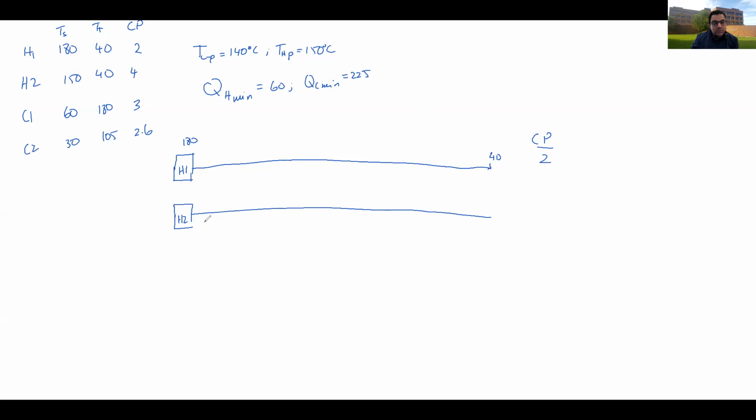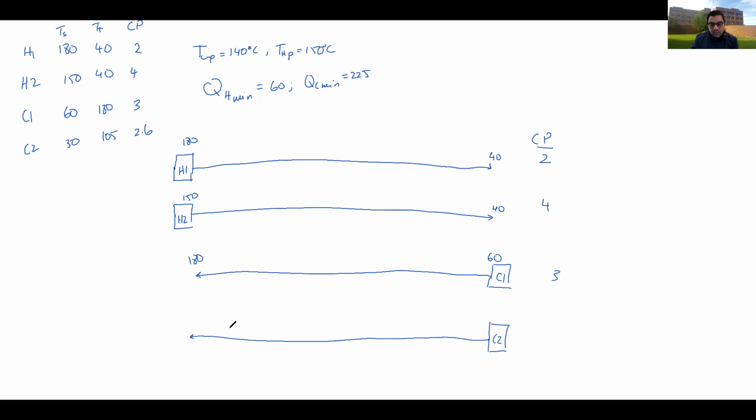H2 goes from 150 all the way to 40, and CP is 4. And then I'm going to draw C1, and it goes from 60 to 180 with a CP of 3. And finally, C2, it goes from 30 to 105 with a CP of 2.6. Sounds good. So this is step 1, just draw them.